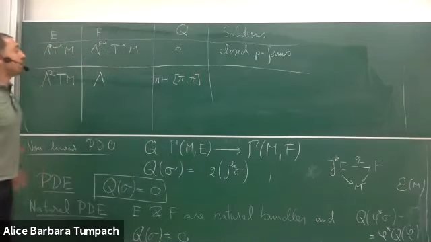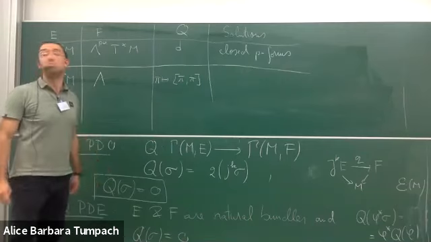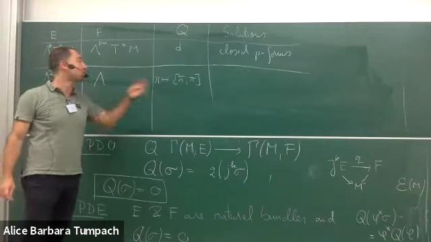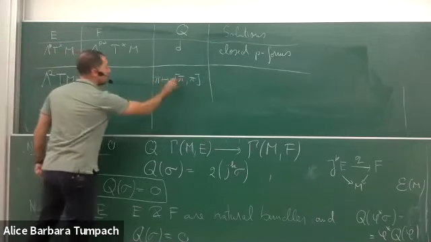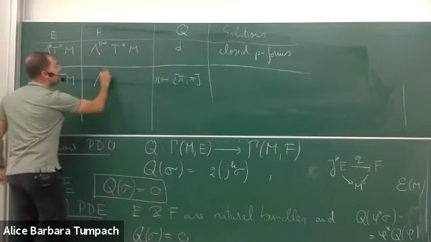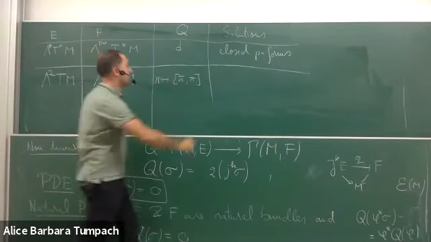This Q is a differential operator which is nonlinear. In the first case it was linear, but this is nonlinear, it's quadratic. And this gives you a 3-vector field. So pi bracket pi equals 0. These are Poisson structures.